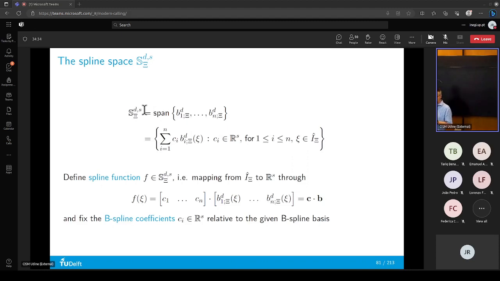I said in the beginning, remember this example, I just take the control points as a line, and then I said I could also make it a curve. So depending on which dimension of my control points I choose, this S becomes either a line or a curve in 2D or a curve in 3D or a curve in 20D if S is 20.